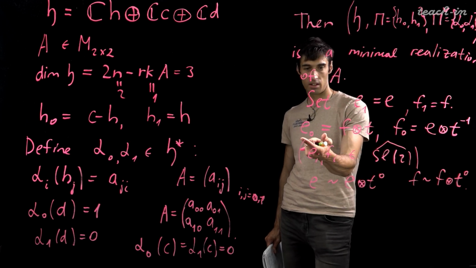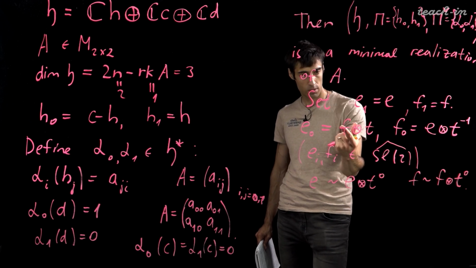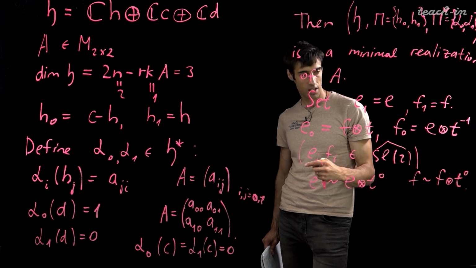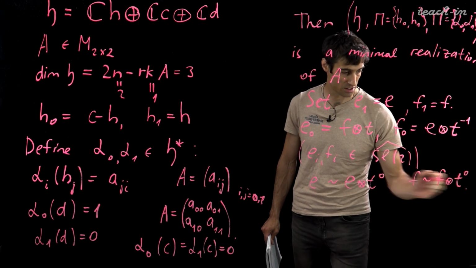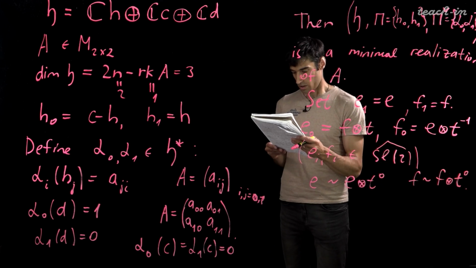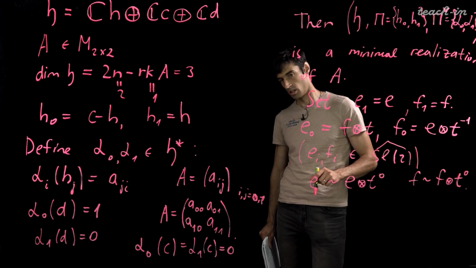But then the roles of F and E switched. So E0 contains F in it, and F0 contains E in it. So this is something interesting. Okay, so now I introduced all the objects.